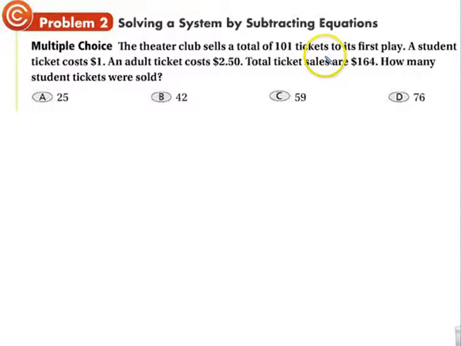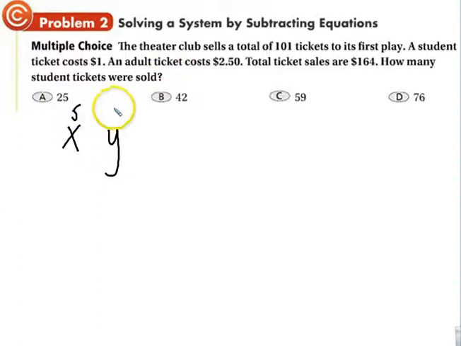Okay, now word problem, but we're going to solve it using a system of equations. Okay, so the theater club sells a total of 101 tickets to its play. A student ticket costs $1, an adult ticket costs $2.50. Total ticket sales are $164. Okay, so we've got x, which represents student tickets, and we've got y, which represents adults.